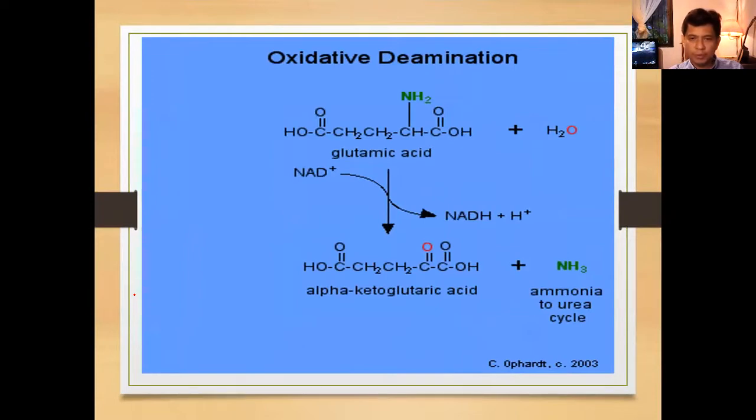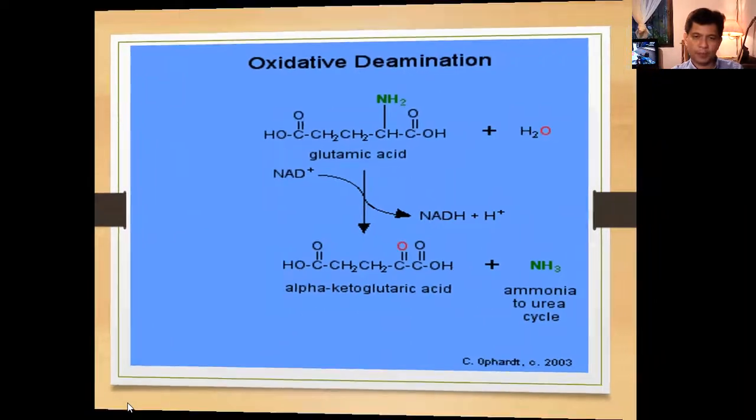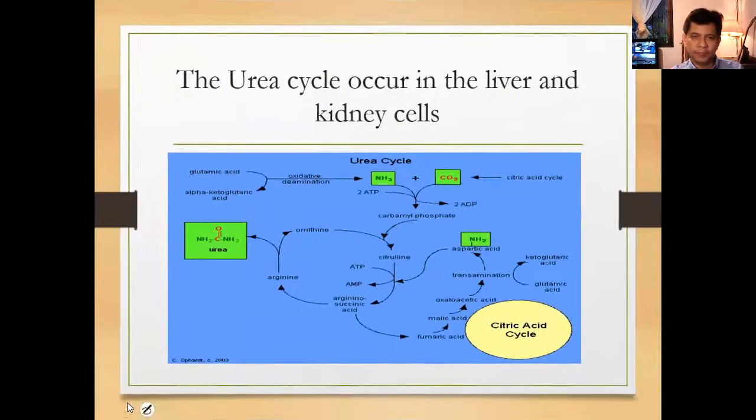So, right here we have the oxidative deamination, mga importante na naman. Okay, so this is the urea cycle. As you can see, before nyo mapakinabangan, before nyo ma-transform sa energy yung amino acid, kailangan tanggalan nyo muna ng ammonia, ng NH3.